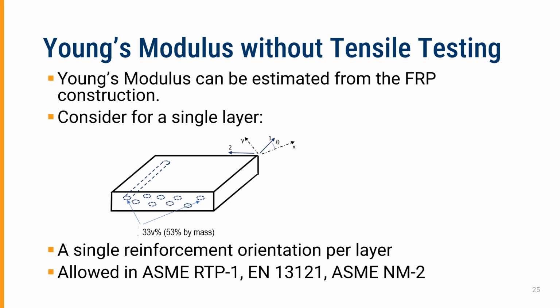This method is allowed in RTP1, EN 13121, ASME NM-2. It's also allowed in the ASME Boiler and Pressure Vessel Code Section 10, but it's a little more limited in the pressure vessel code.